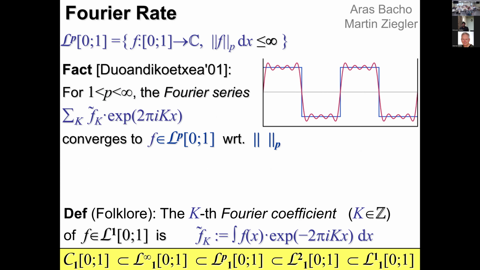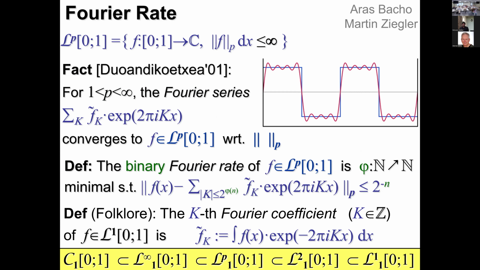It turns out that the Fourier series converges to the original function, not just in the L2 case, which is common, but also for the other spaces, except for the boundary cases p equal 1 and p equal infinity. And we can ask how many terms of this Fourier series we need in order to approximate the original Lp function up to error 2 to the minus n. Let's define this to be the binary Fourier rate.